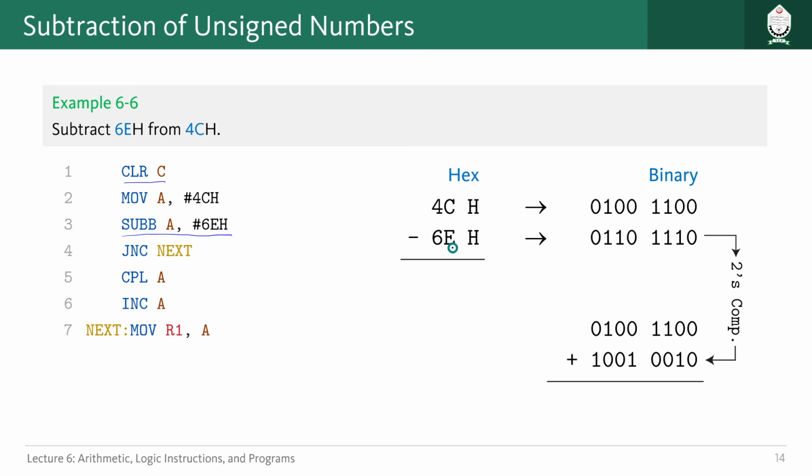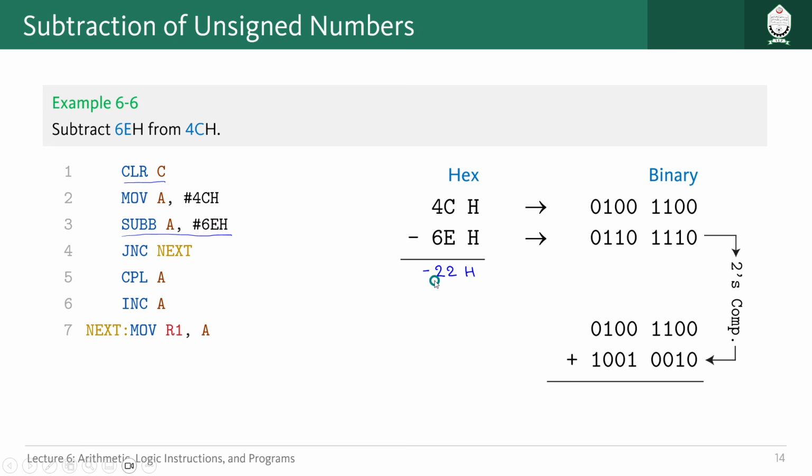So the value here actually should be minus 22H, okay? Because if you subtract 4C from 6E, the value should be 22. E minus C is equal to 2, 6 minus 4 is equal to 2, right? So if I take the calculation the other way around like we have here, it should be minus 22H, but we don't get that value.